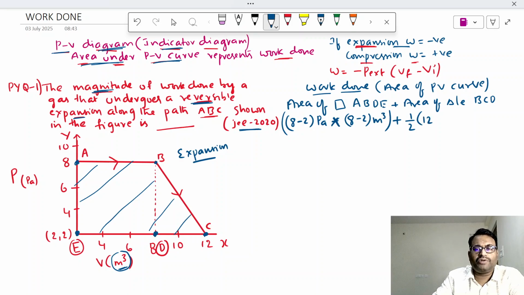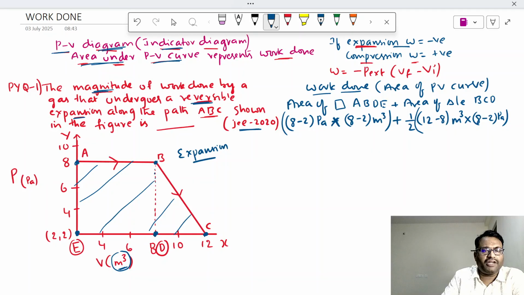So 12 minus 8 meter cube, into breadth. Let us take the y-axis. On the y-axis for this triangle, the final pressure is 8, the initial pressure is 2. So again 8 minus 2 Pascal.